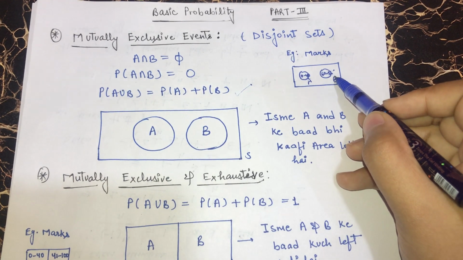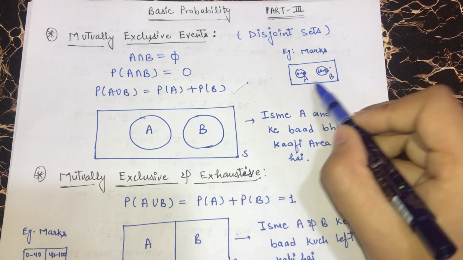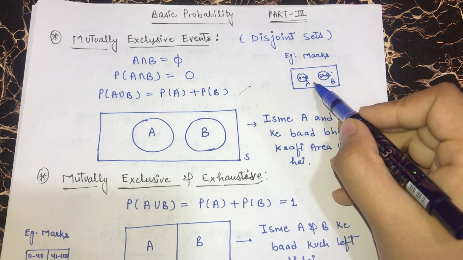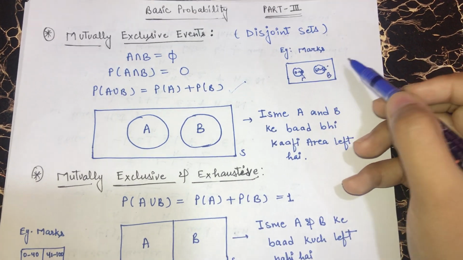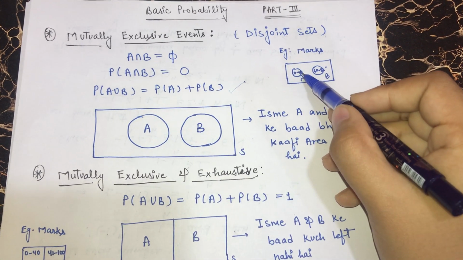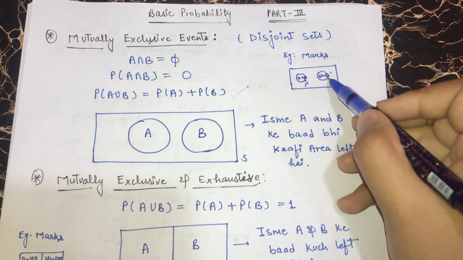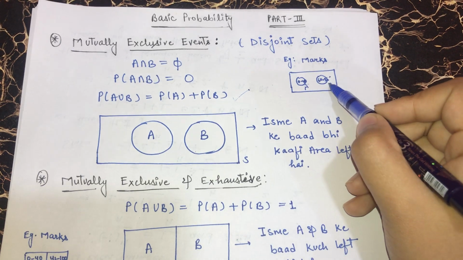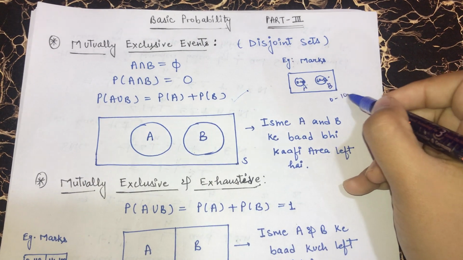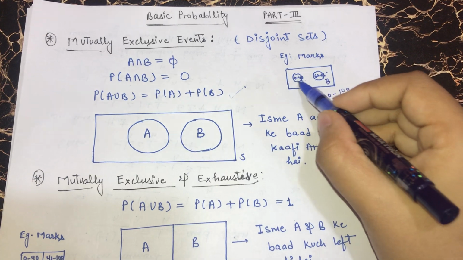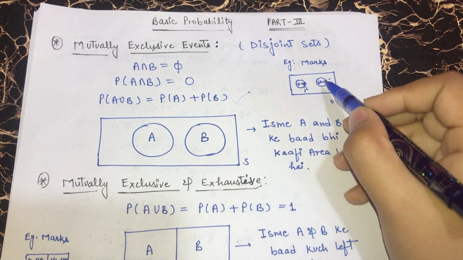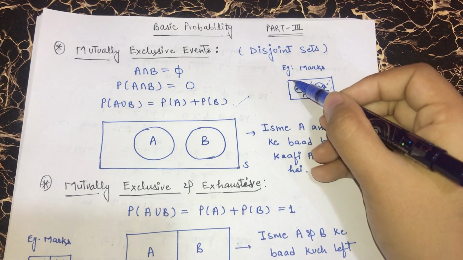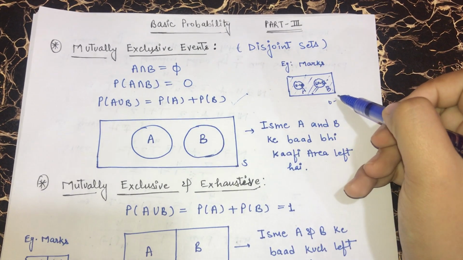But you can clearly see this is not all the marks students can get, like there might be a case a student who is getting marks 50 or 51 or 52 which is not there in the set A nor in the B. Like there must be other cases as well possible which are except 0 to 40 and 60 to 85, like the range is from 0 to 100, and in this the area remaining from A and B is left out, of course, which we can see is this part which is not included either in A or in B, right?